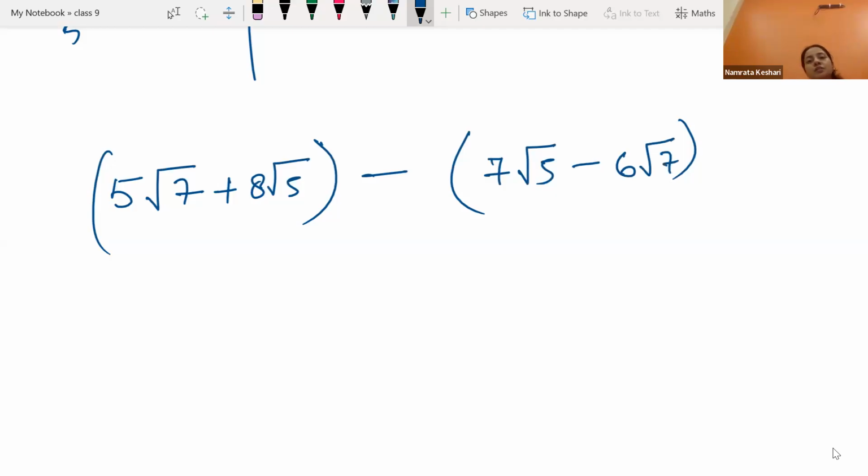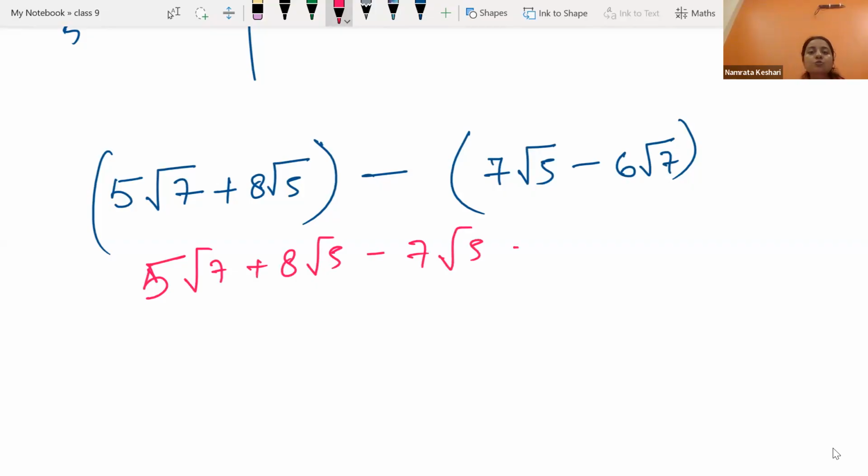If this way we are having the subtraction, then just the way we have done the addition, same way we will be doing the subtraction. Okay, let's open the bracket. We'll be having 5 root 7 plus 8 root 5 minus 7 root 5 plus 6 root 7, right? Yes, ma'am.